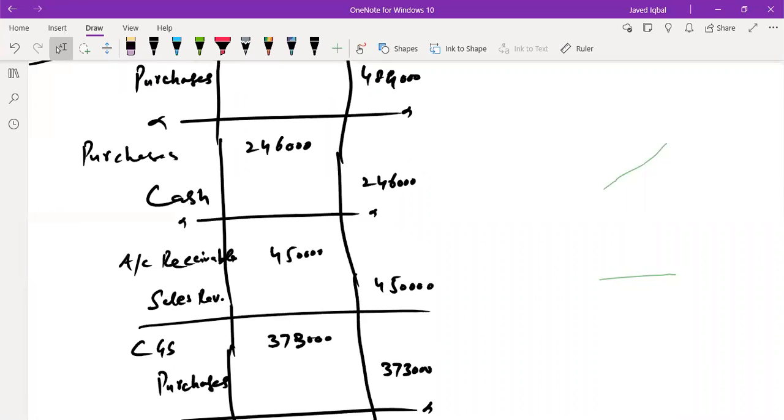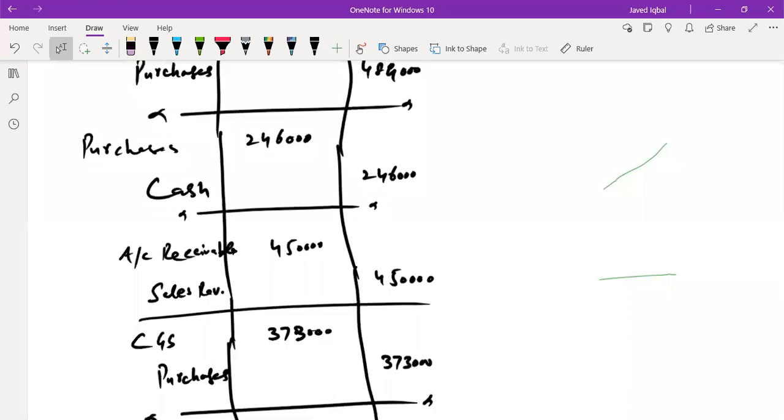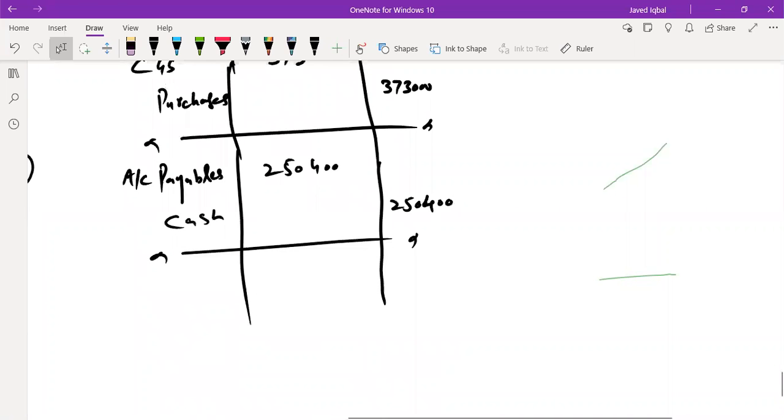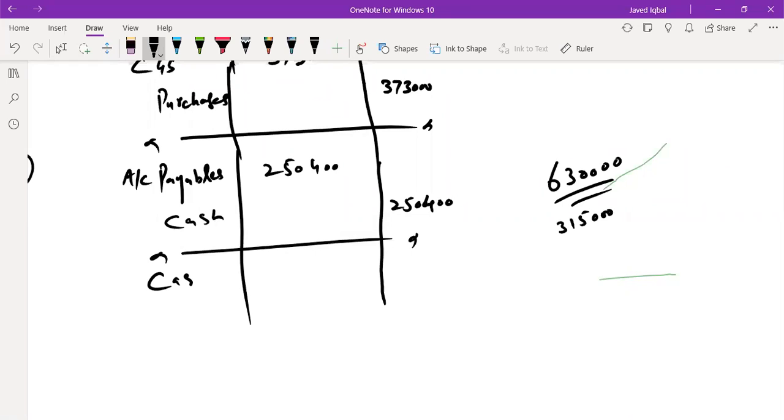Then you have 450,000. Nothing else. So this total amount comes to be 630,000. So you receive 50% of it. 50% of it will be 315,000. So 315,000 is received.